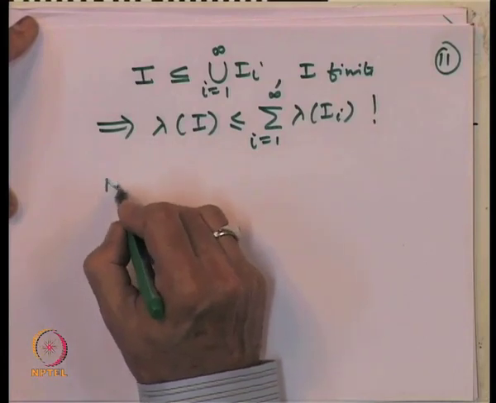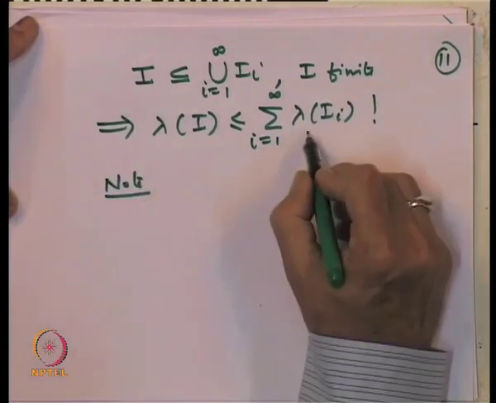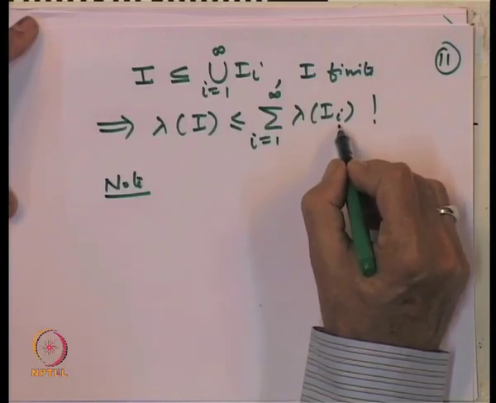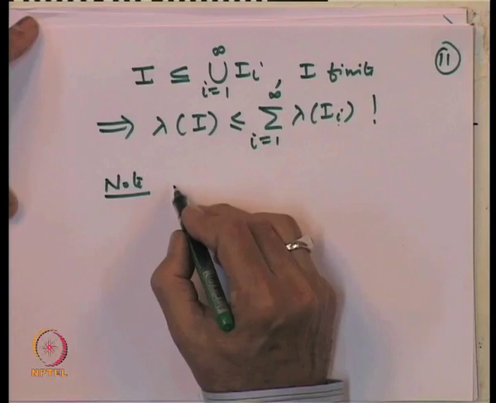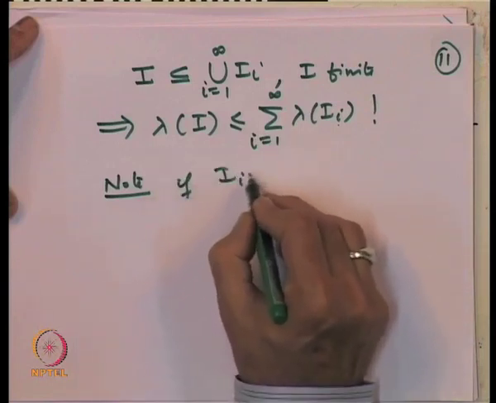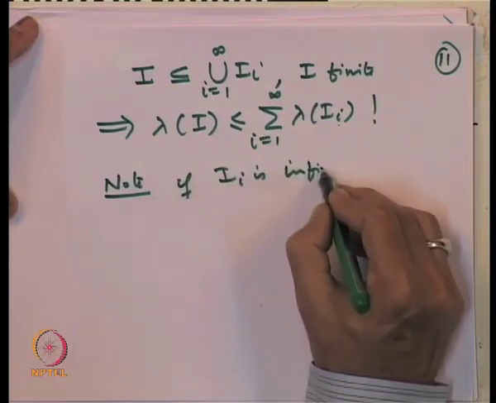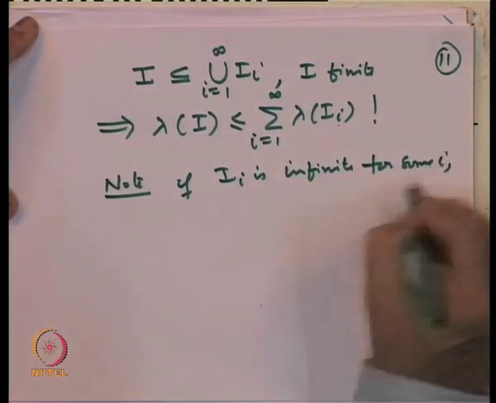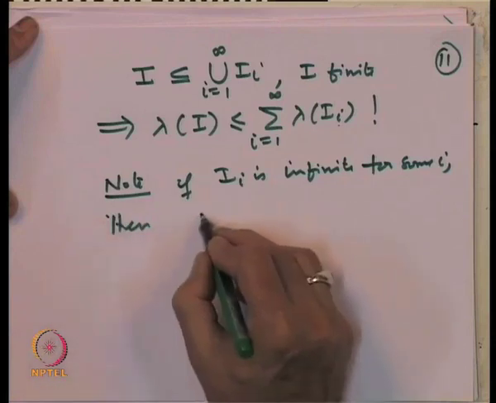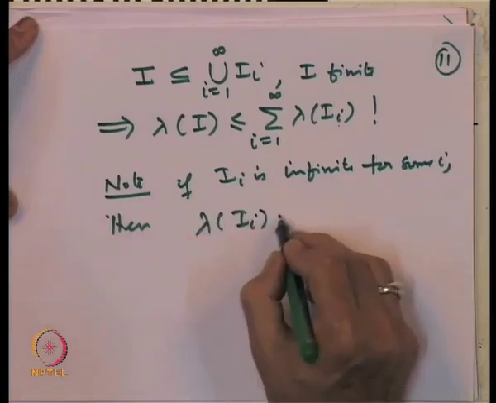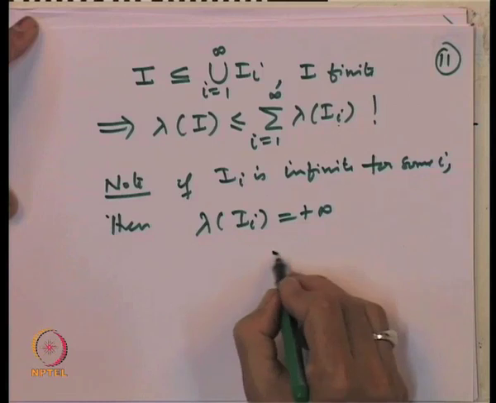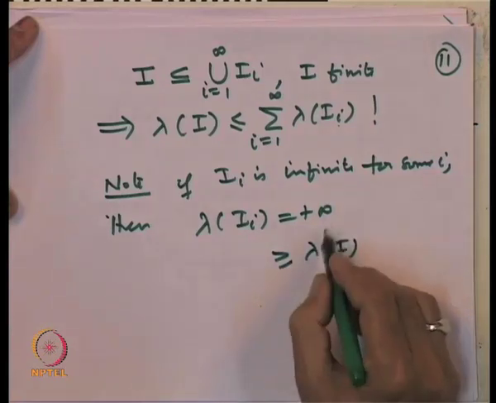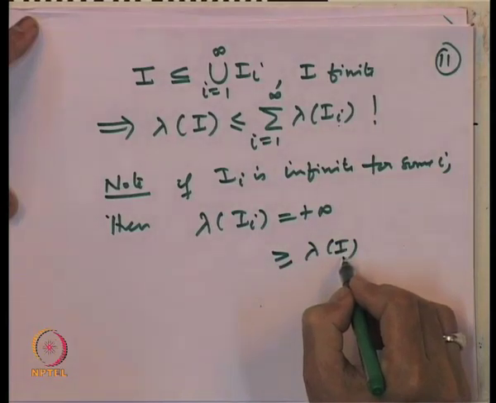Obvious case, note, if any one of the terms on this side, lambda of I i, is infinite, then we are through. So, note, if I i is infinite for some i, then length of I i will be equal to plus infinity, which is bigger than or equal to length of I, whatever it may be, whether finite or infinite.